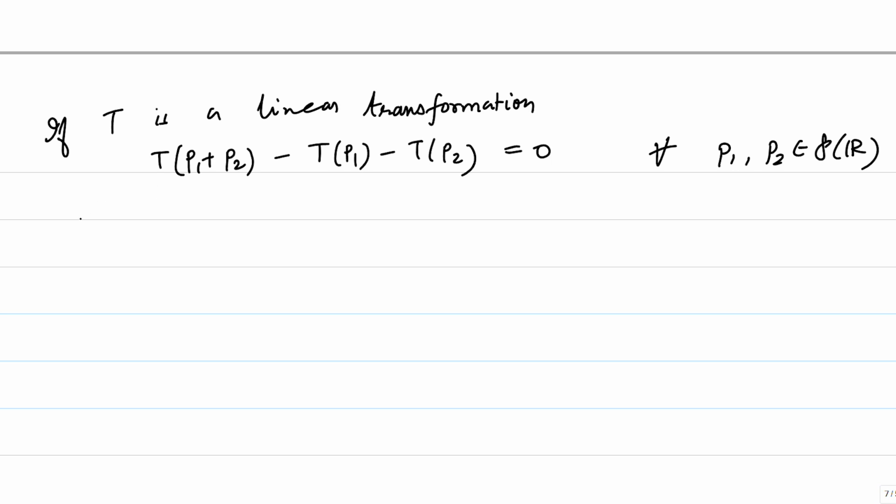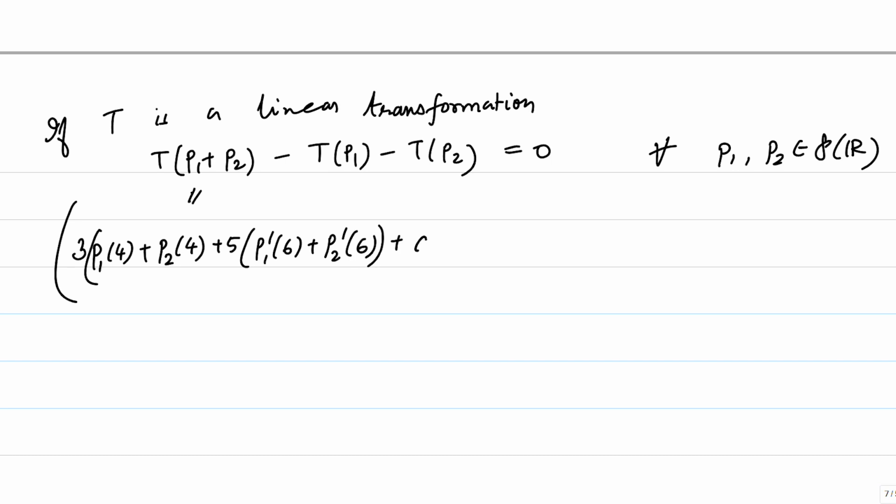In the definition that we have, this is just going to be equal to 3 times P1 of 4 plus P2 of 4 plus 5 times P1 prime of 6 plus P2 prime of 6 plus A times P1 plus P2, so P1 of 1 plus P2 of 1, into P1 of 2 plus P2 of 2.